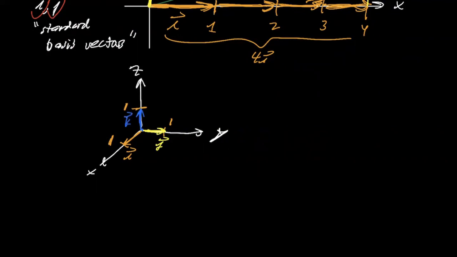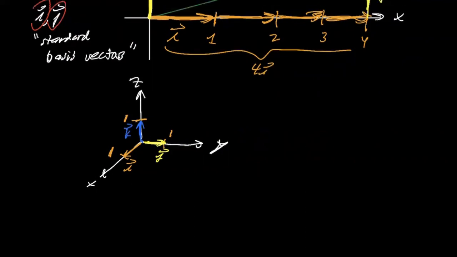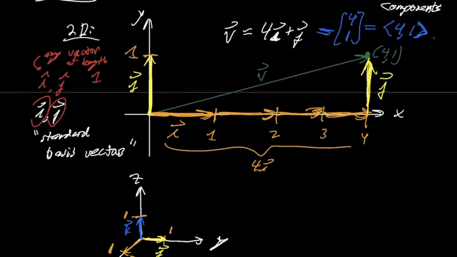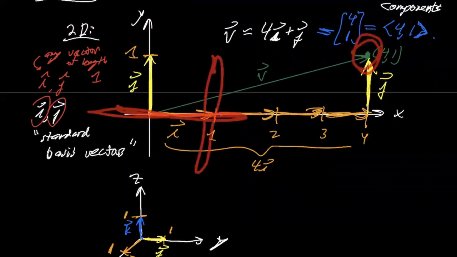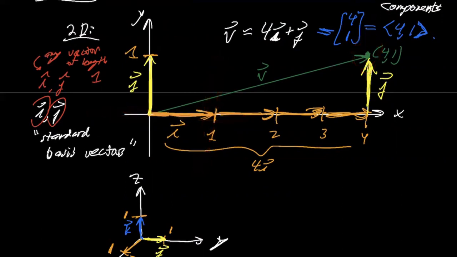And we can build every vector out of these, right? The point of the plane up here was that we can reach any point in the plane just by moving east, west, and north, south. So you can just tell it how far to go in the east, west direction, which is how many i's, and how far to go in the north, south direction, which is how many j's. And you can get to any point in the plane.